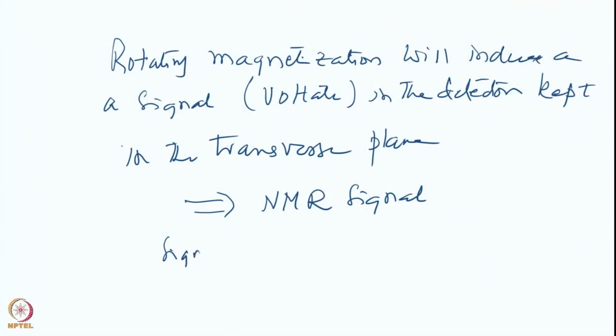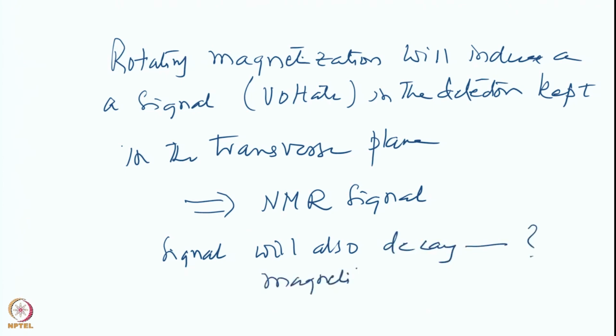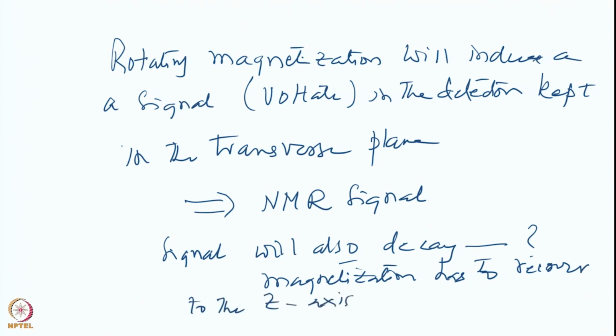That is how we get the signal, but now this signal will also decay. Why? Because the magnetization has to recover to the z axis, and therefore there is a decay here.